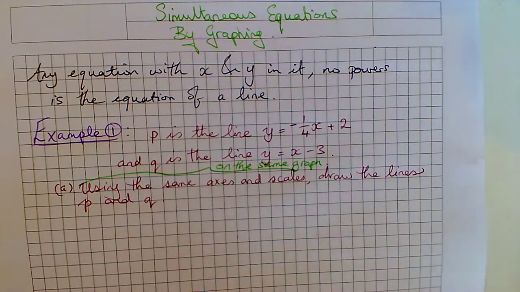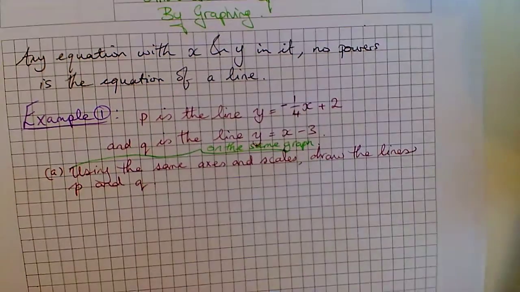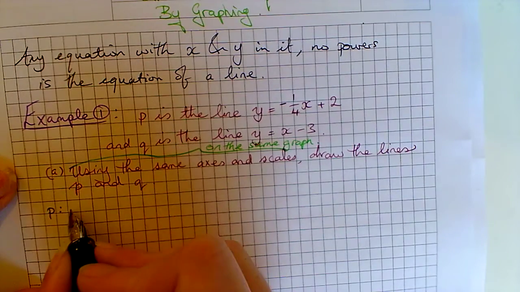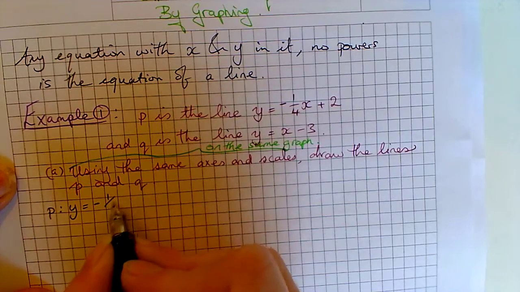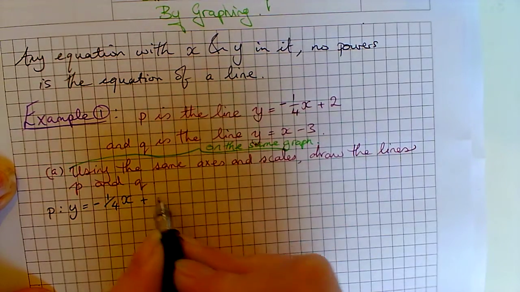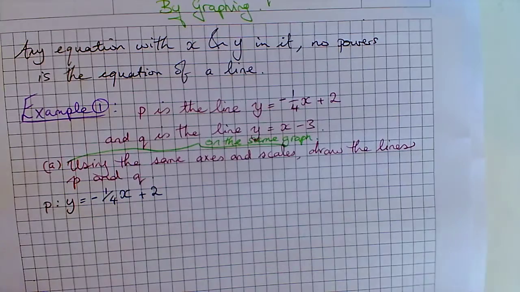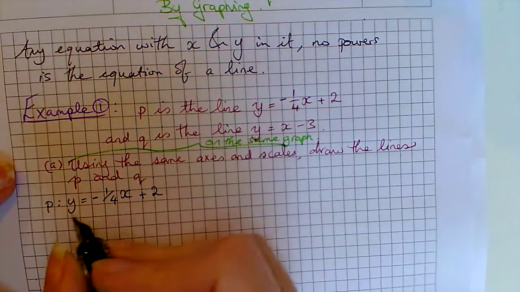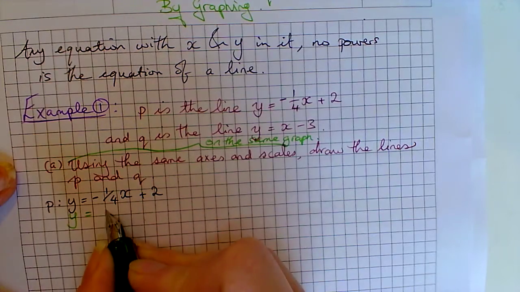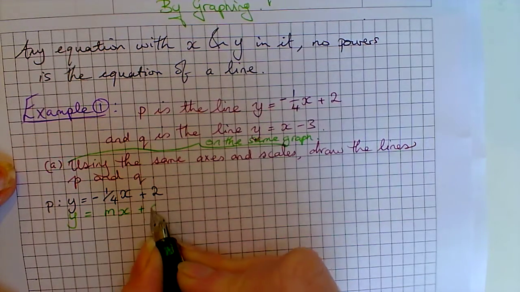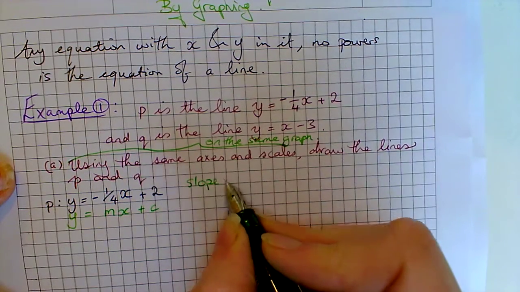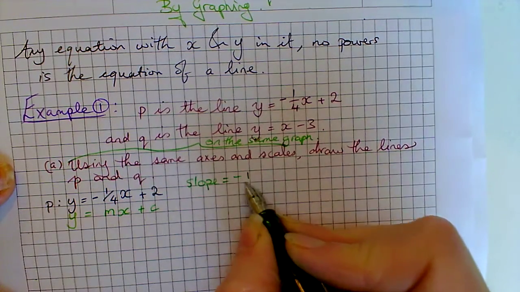So let's look at the 2 lines that I have. My first line, the line P, y equals minus a quarter x plus 2. This is in the form y equals mx plus c, where my slope is minus a quarter.